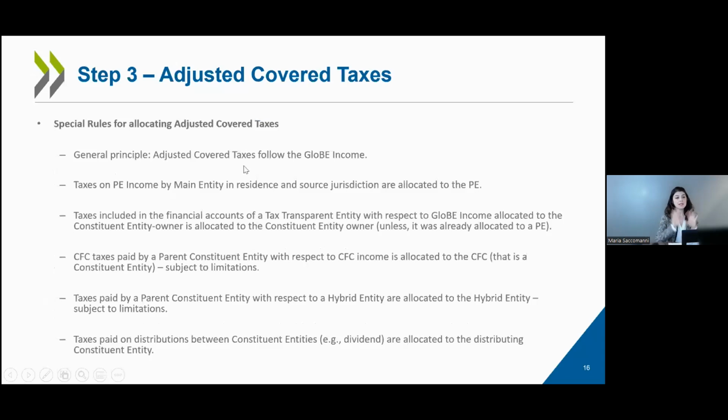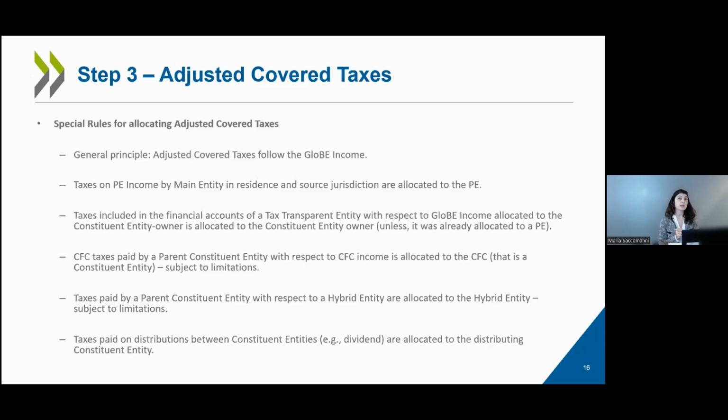Okay, once we defined all these adjustments for both current taxes and deferred taxes, and we anticipated a bit already, we need to allocate the adjusted covered taxes to special entities where there are cross-border income and cross-border taxes.